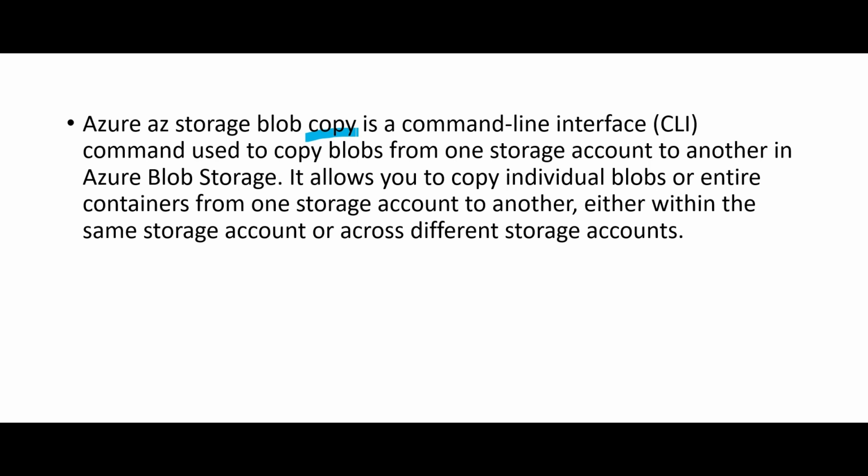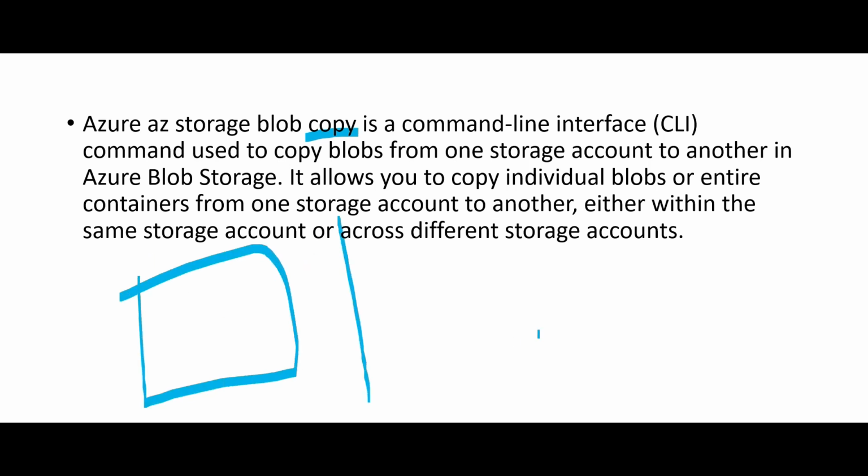Within Azure, if you want to copy from one storage to another, you use that, but it is not for copying from on-premises to cloud. This is on-premises, in another network, and then this is your Azure cloud. So you can copy within Azure cloud itself, from here to here, using az storage blob copy.